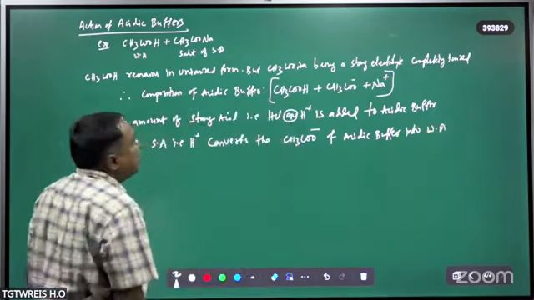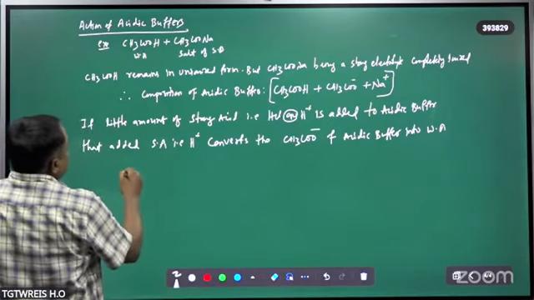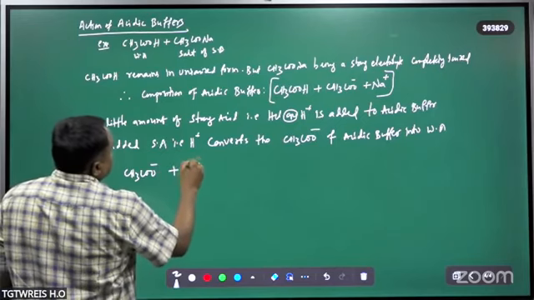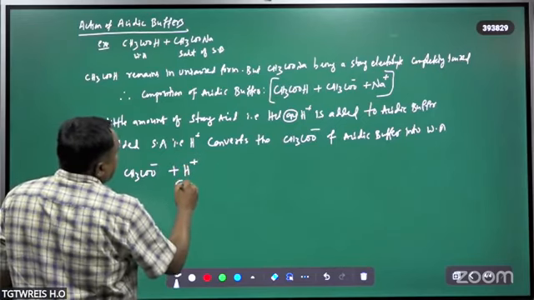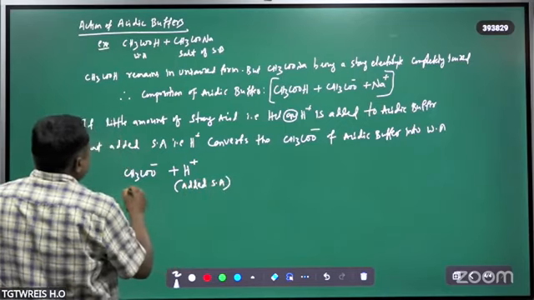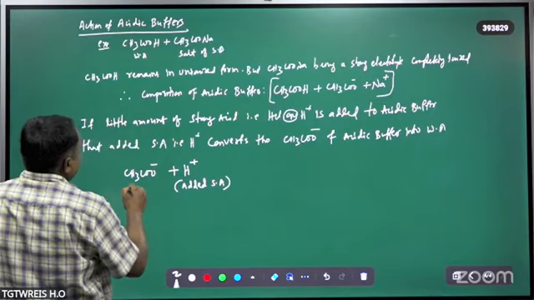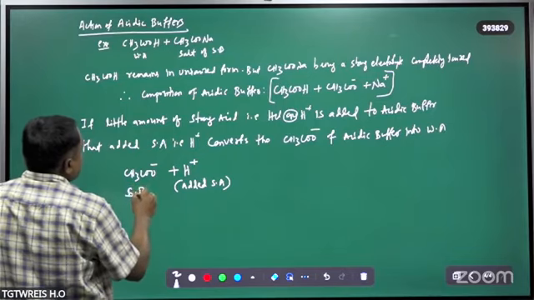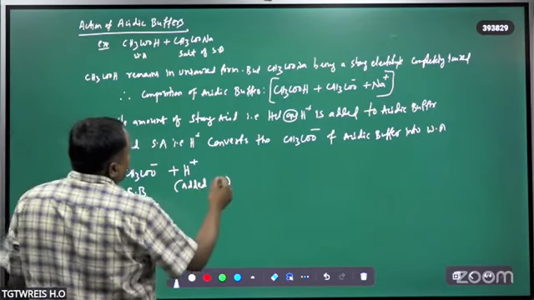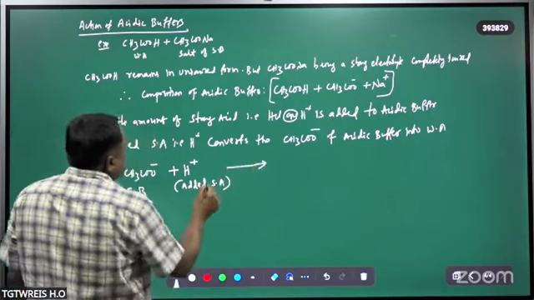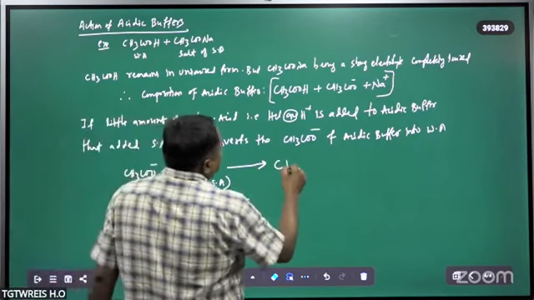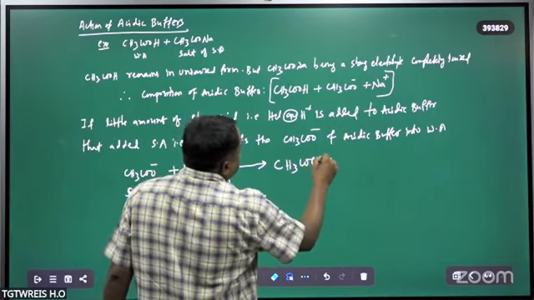For example, CH3COO minus plus H plus, the added strong acid. CH3COO minus is the strong base of the salt, and this added strong acid converts the strong base into weak acid, CH3COOH. This is the weak acid.